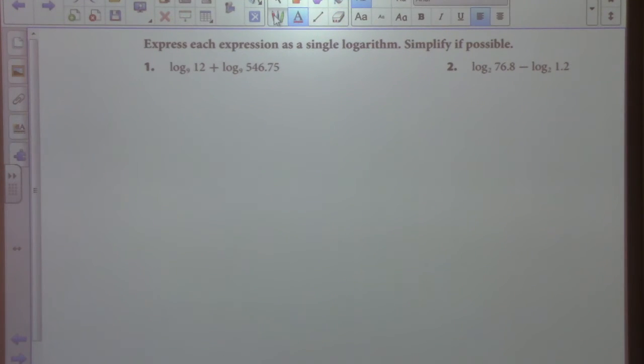Okay, what you're going to do here is this is going to be equal to, this is problem 2 now. It's log base 2 of 76.8 divided by 1.2.